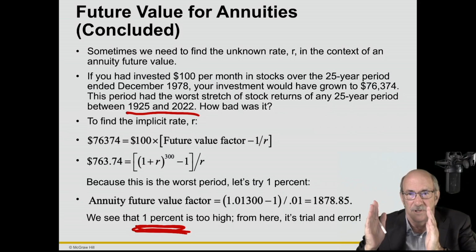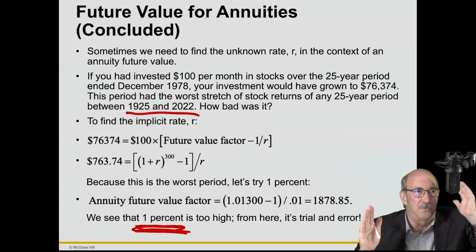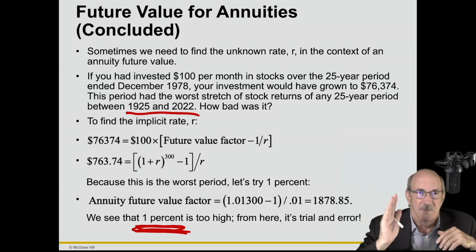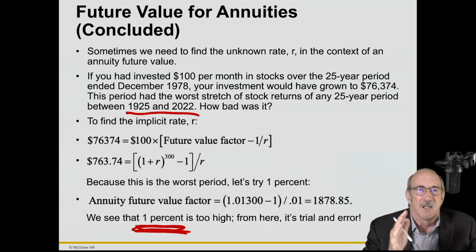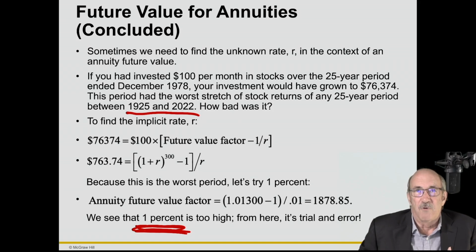So we start with 1925 to 1949, 1926 to 1950, and so on. We look at all of those periods of time. We look for the worst return over a 25-year span.